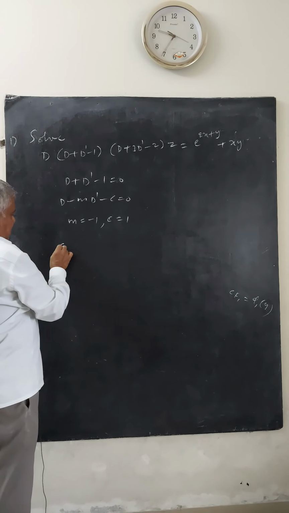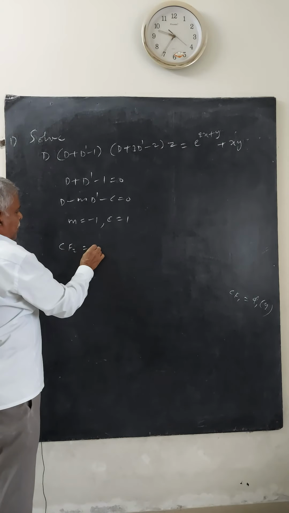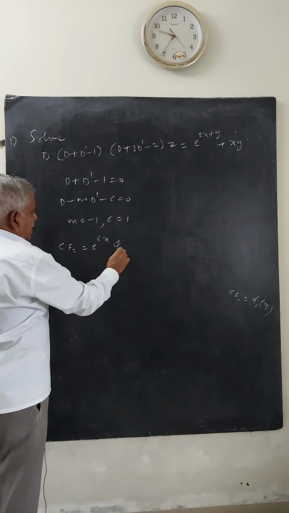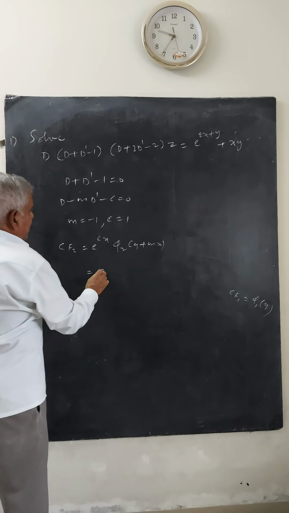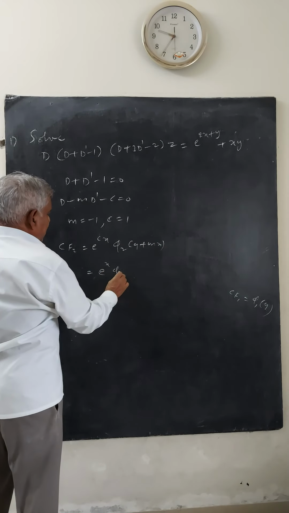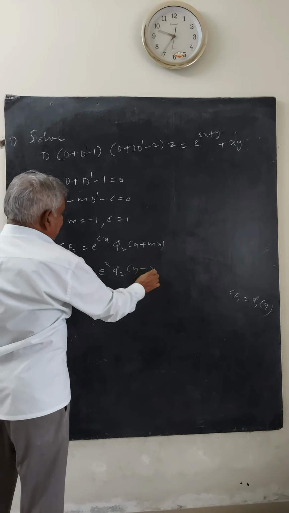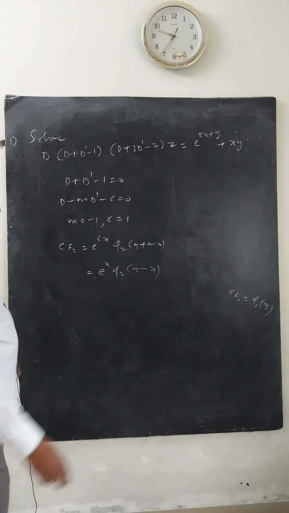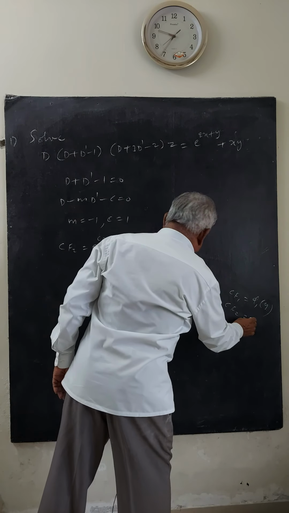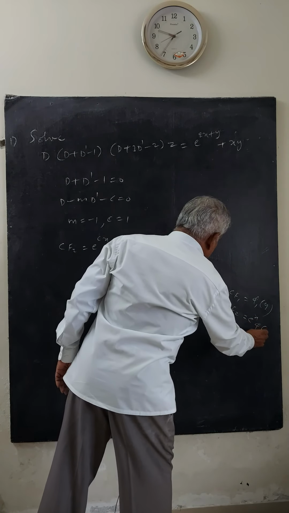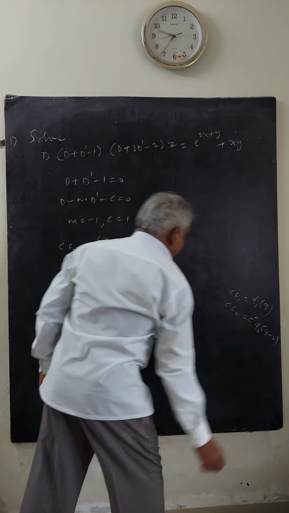Writing this, CF2 = e^(cx) φ(y + mx) = e^(1x) φ(y - x), since m is -1. Therefore, CF2 is e^x φ(y - x).